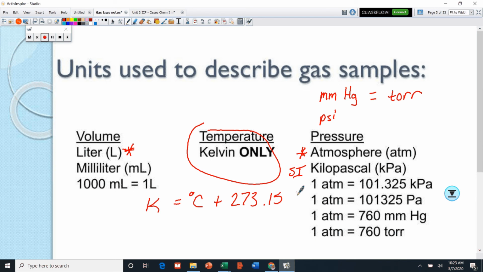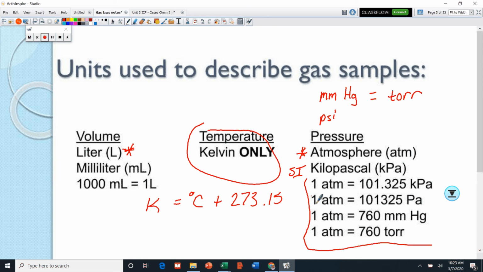So conversion factors that you need to know. All right. Typically, it's easiest to bring everything back to atmospheres. So 1 atmosphere is equivalent to 101.325 kilopascals. Now, remember the difference between a kilopascal and a pascal. 1,000 pascals equals 1 kilopascal.